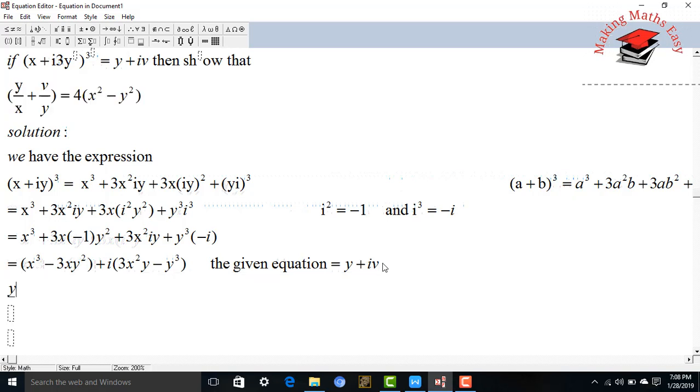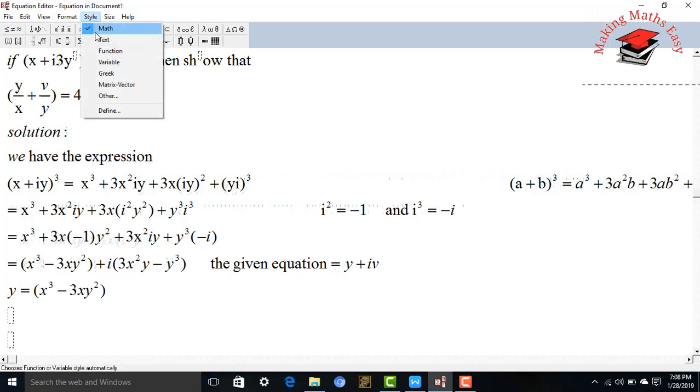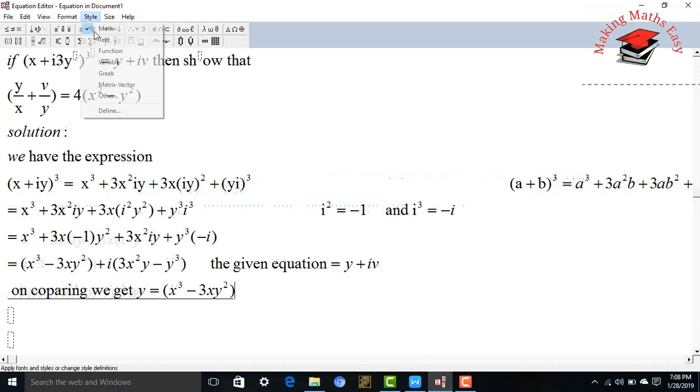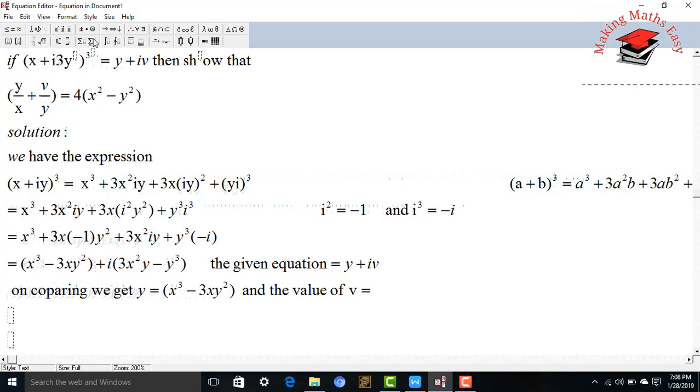First of all, write values of y equal to this, as on comparing we get y equal to this, and the value of x and the value of v equal to this.